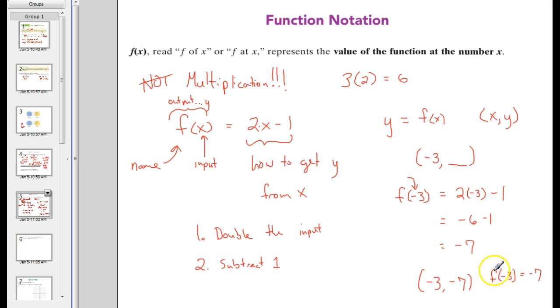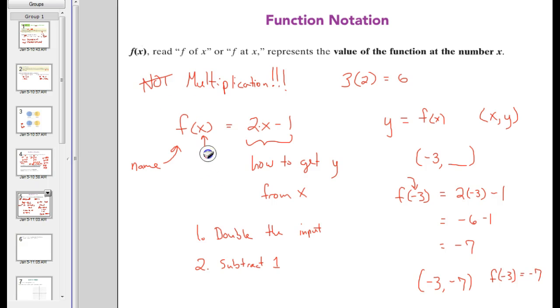Okay, this function notation is just a way to say what is the y value when this is the x value. Okay, but we use it also to state the way we get y for each x. Okay, it's initially given to us with just this blank notation.